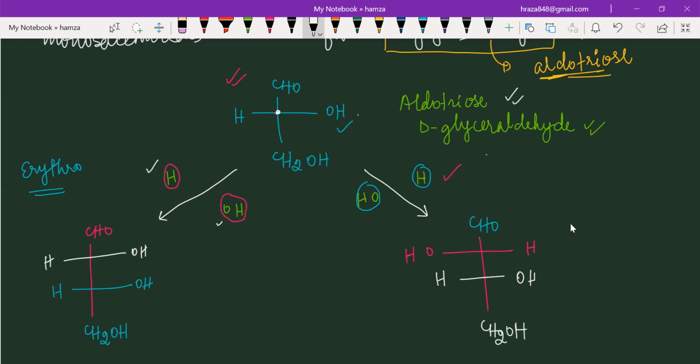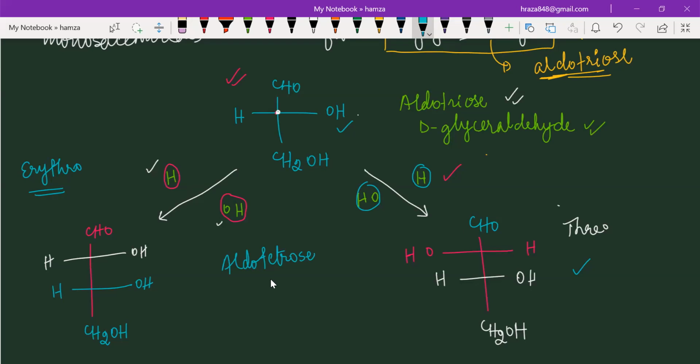This is known as threo. So this compound is erythro, and this compound is threo, and both are aldotetrose. Aldotetrose means 4 carbon is there. Please write it.